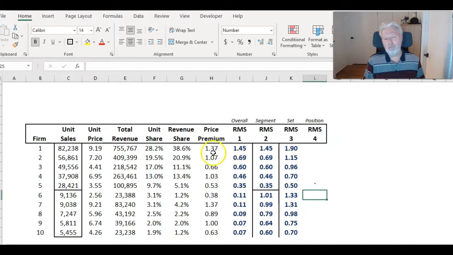But when you look at price premium, we can see here in this group, we've got the market leader who's 37% price premium to the market. And this one here is the opposite. They're well below the price. So they are actually different types of brands. And this one's even worse. So it makes no sense necessarily to be comparing yourself to indirect competitors. We need to look at direct competitors.